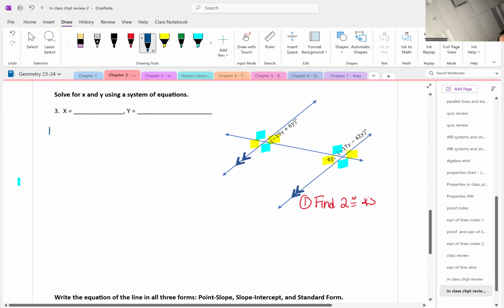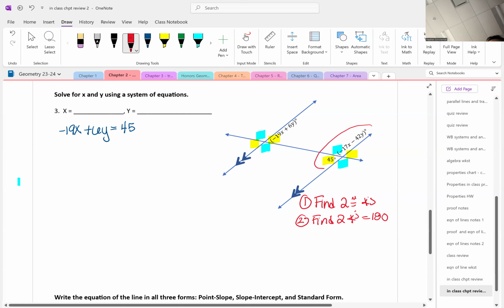So my first equation I'm going to write is negative 19x plus 6y equals 45. Okay, out of that, I want to number that. Okay, step 2. Find two angles that equal 180. That means you need, most times, a linear pair.